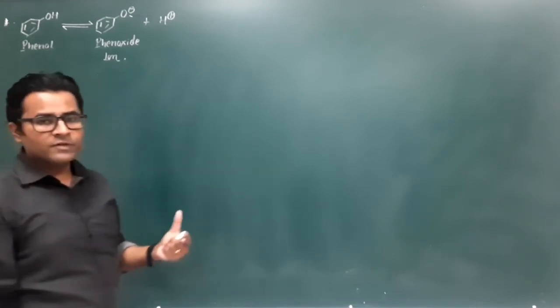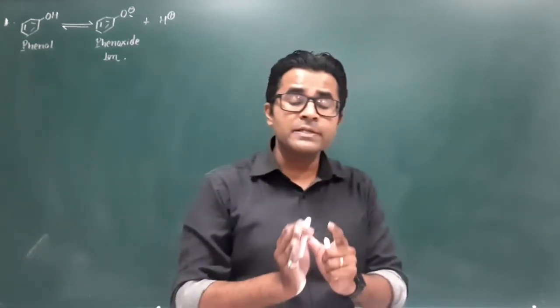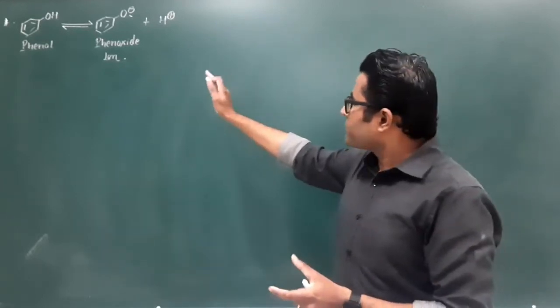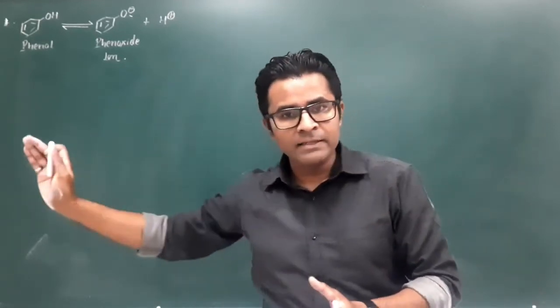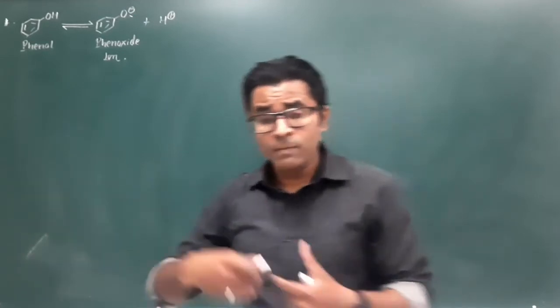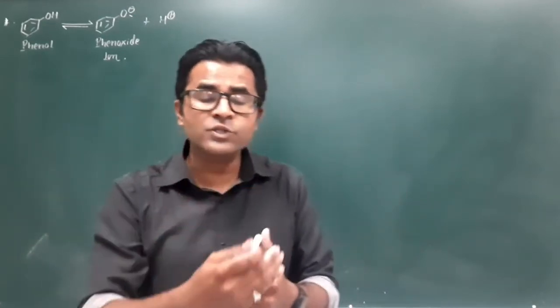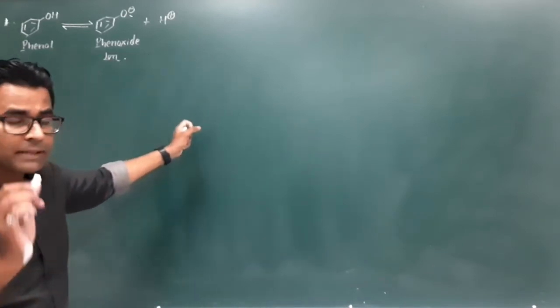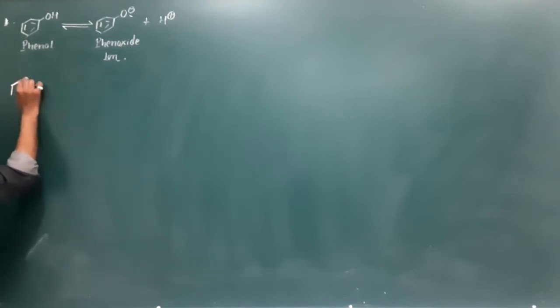This phenoxide ion which is formed is stable because of the presence of resonance structures. This molecule undergoes several resonance structures. So the more resonating structures we have, the more stable that particular phenoxide ion becomes. Let us observe the resonating structures of this phenoxide ion.